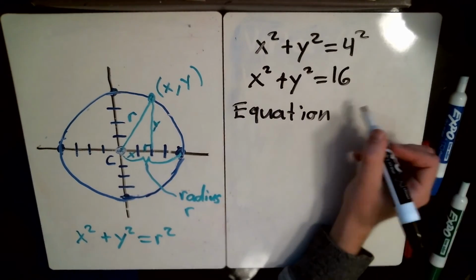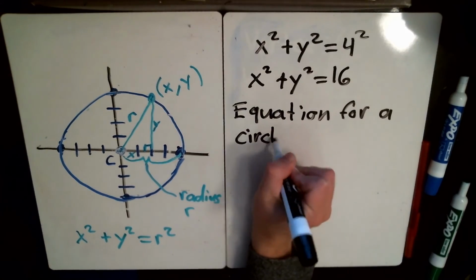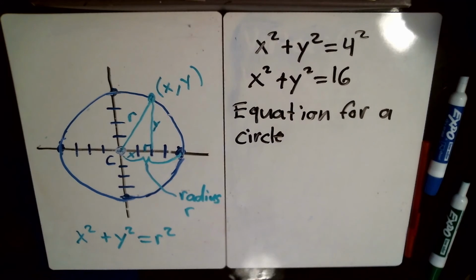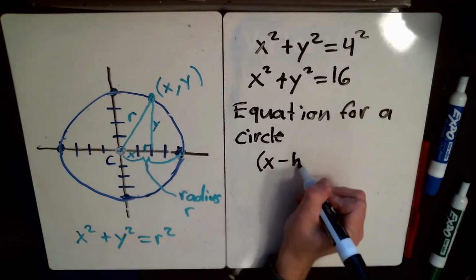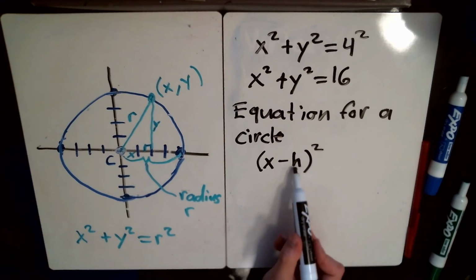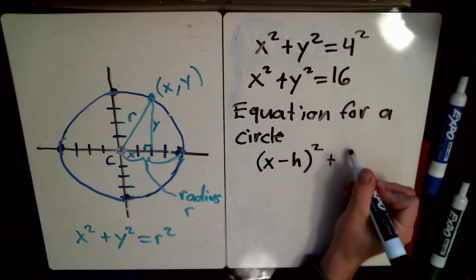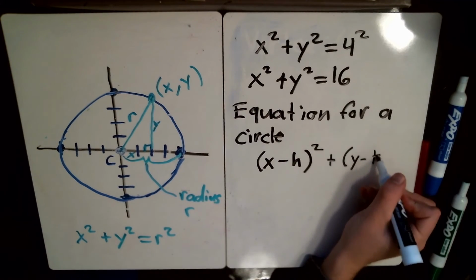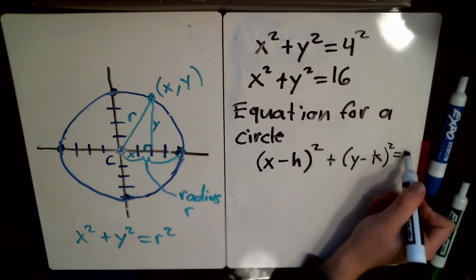And so the equation for a circle in general, if you move your center around, just becomes x minus h squared, okay? You're shifting x. Plus y minus k squared is equal to r squared.